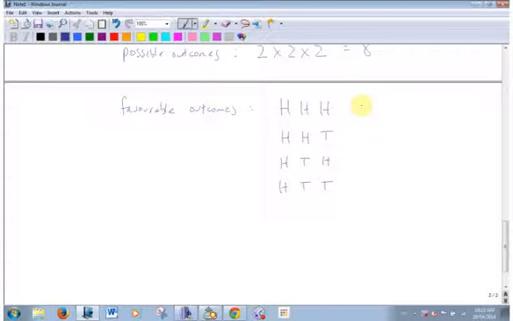Maybe my first one, I got a tail. Then I got another tail. But then I finally got a head. That's fine. Maybe I got a tail, head, head. And maybe I got a tail, a head, and then a tail. Still got at least one head.